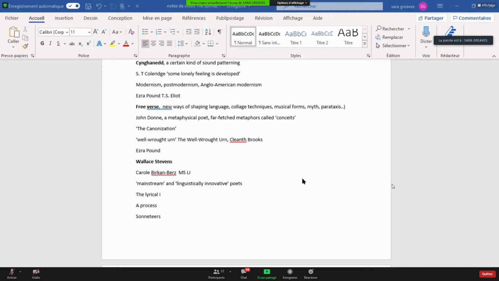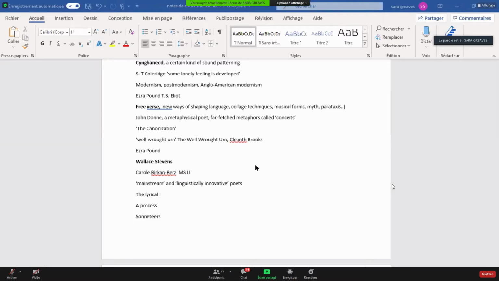So we'll be mostly looking at mainstream poets, but it's interesting to bear in mind this distinction if you start to take an interest in English poetry.